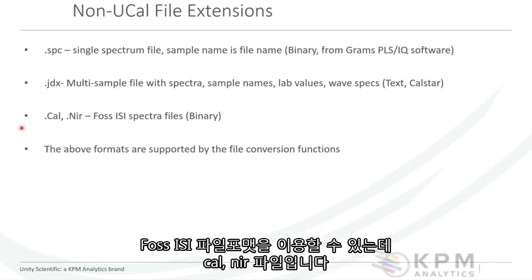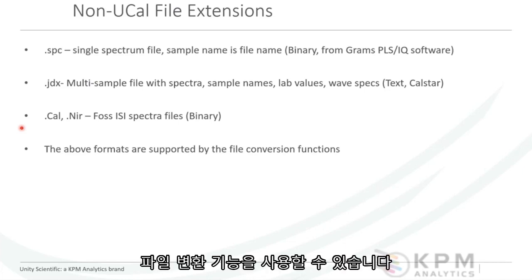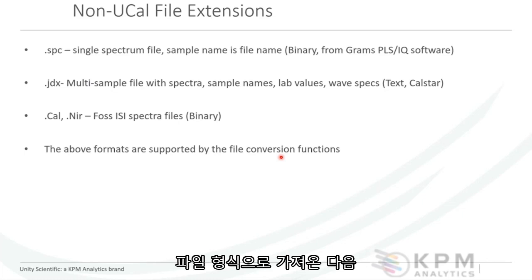We can also use ISI or FOSS file formats of CAL and NIR. And these above formats are generally formats that can be used in our file conversion function. So we can bring data from these other file formats into UCal4 and then work on it with our software.